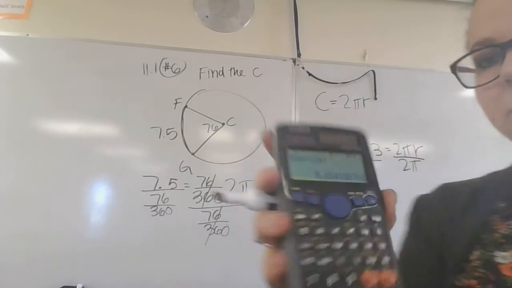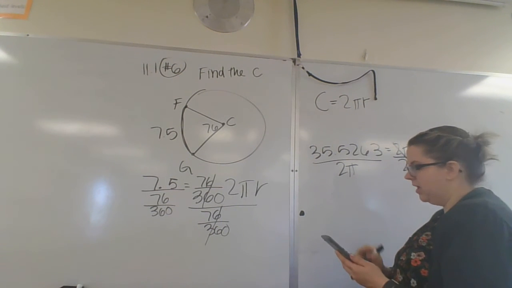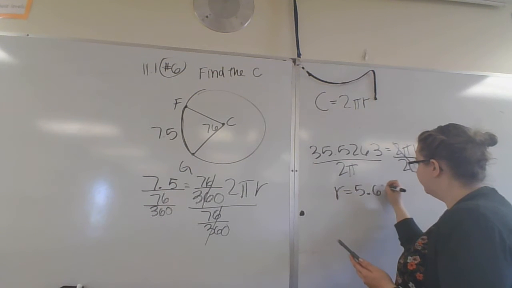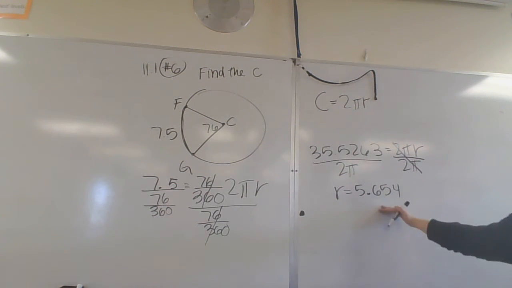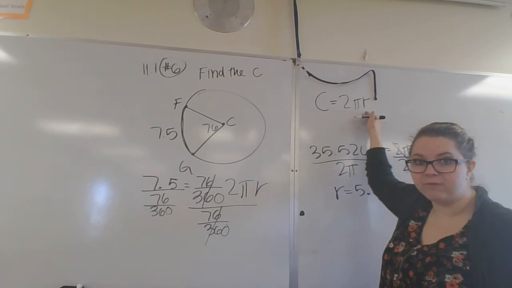These cancel out, and I get r equals 5.654. Okay, I have r now. So what I can do is just stick it into this formula for my circumference.